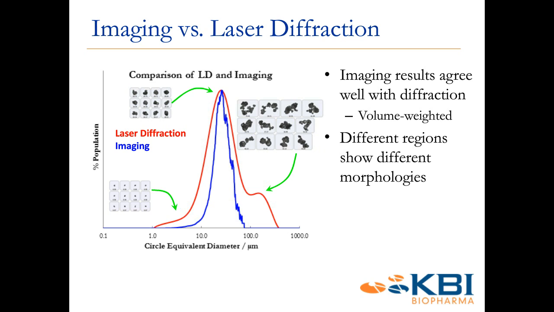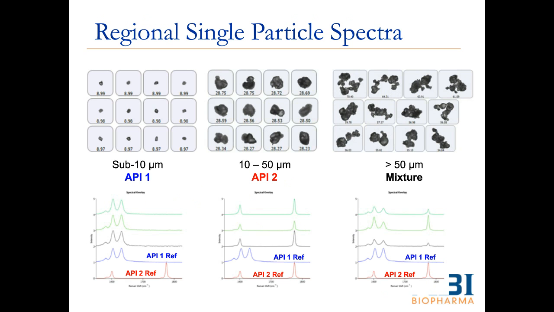So this is showing here how, with the lot release laser diffraction, we see the particle size distribution, but with morphology, we're actually able to understand what the different particles are in that particle size distribution. And as I mentioned, we can collect Raman with these particles and understand which API is responsible for each size range.